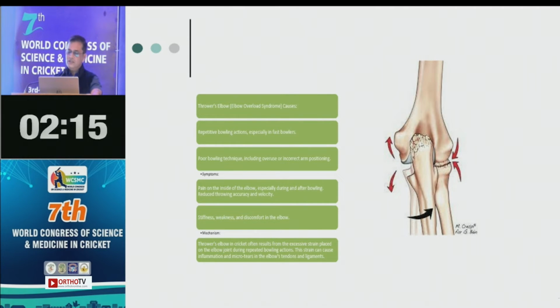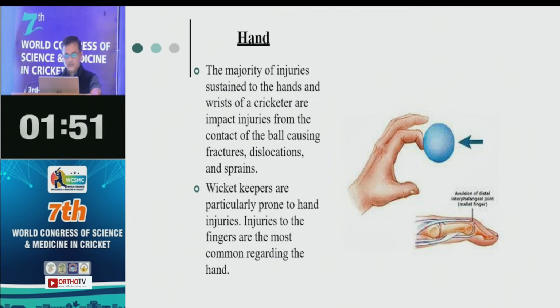So you can see there are some spurs over the olecranon, because there's more rubbing since your medial side is lax. So the bowler would feel pain immediately after bowling or during bowling. The remedy would be some strengthening, and if the medial collateral ligament is completely torn, then this has to be repaired surgically.